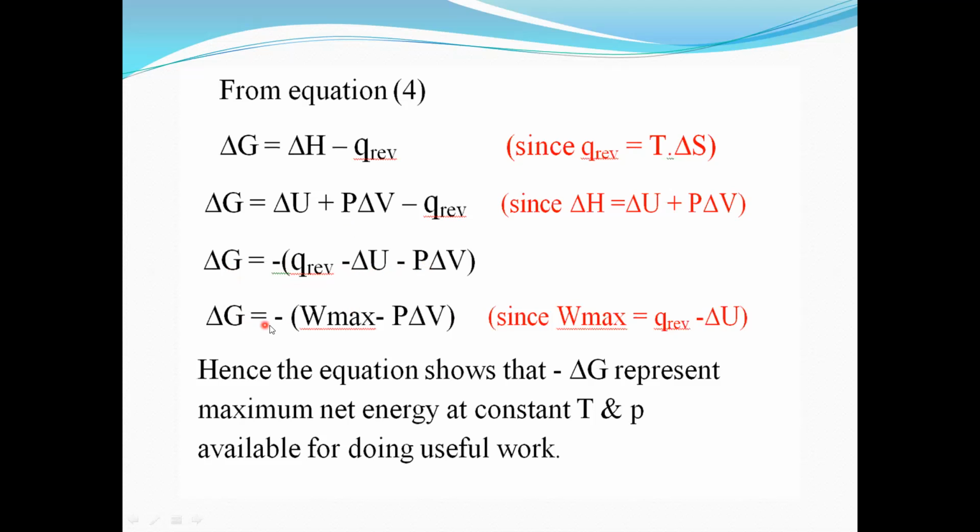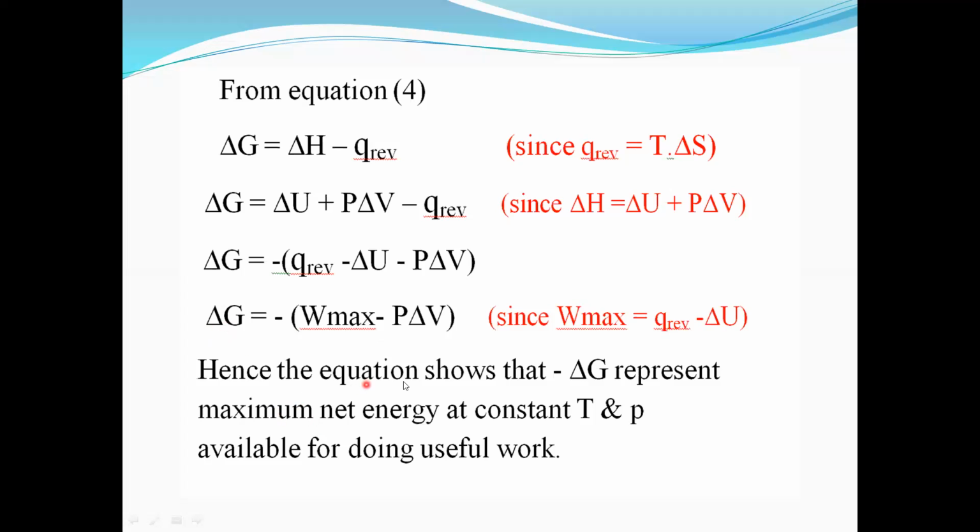Therefore delta G is equal to minus, now we have seen that Q reversible minus delta U, from the first law of thermodynamics, is nothing but the work done, W max. So minus W max minus P into delta V. So this is the Gibbs free energy change.